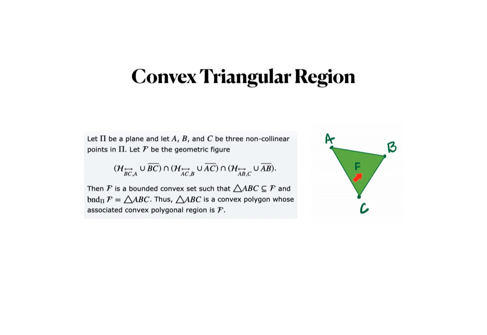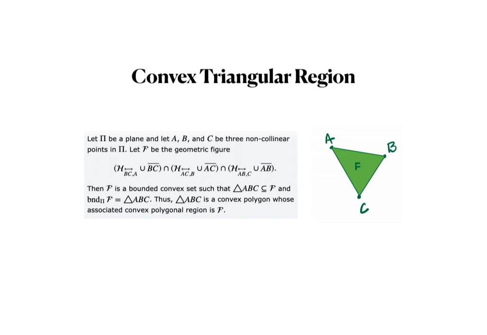It contains A, this side of my half plane, intersected with the half plane determined by line AC containing B. So here's AC, it contains B, this direction, and the intersection of the half plane determined by AB, this side, containing C, this way, and the union of segment AB.